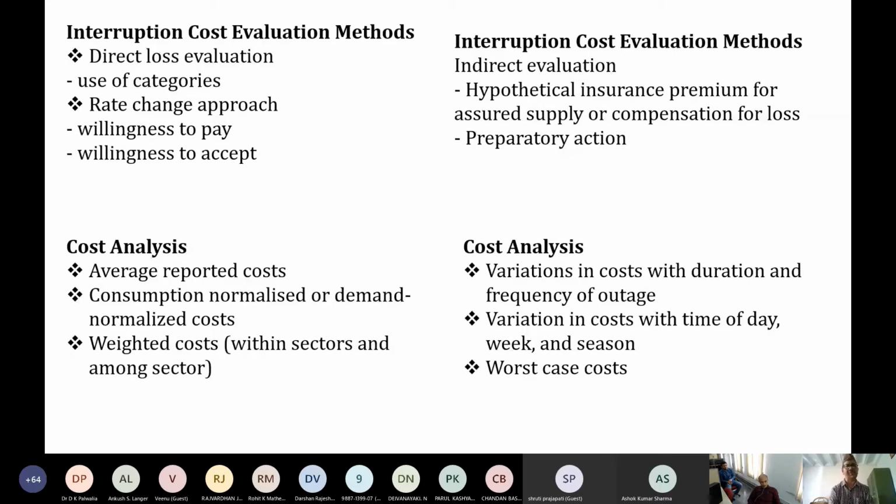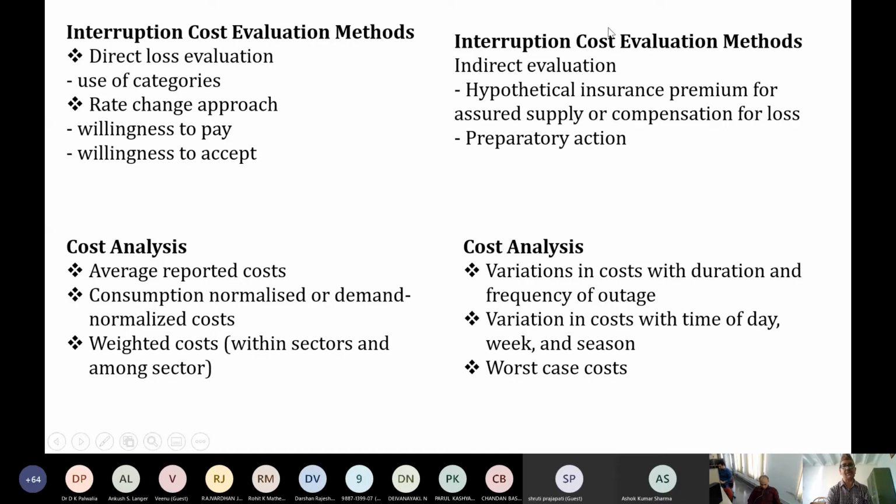So willingness to pay means willingness to pay more to have higher supply reliability, to avoid interruptions in the future. And similarly, willingness to accept is willingness to accept inferior reliability compared to the existing one, but in exchange you will get paid by the utility to accept that inferior reliability. So that is the rate change approach.